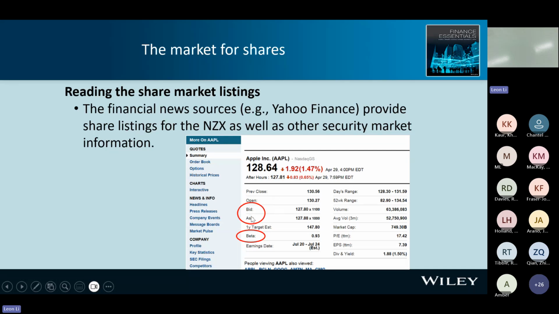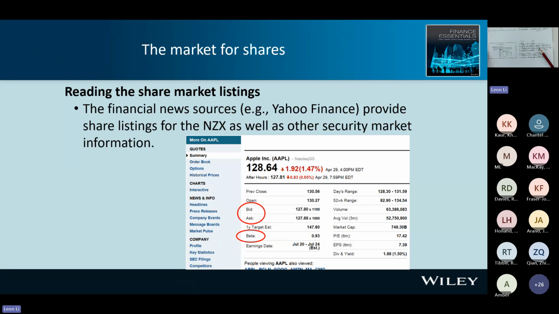Here I would like to address the prices. We have two prices, bid and ask. This is my way to remember bid and ask. In the market, if I'm an investor, when I buy, I need to pay a higher price.